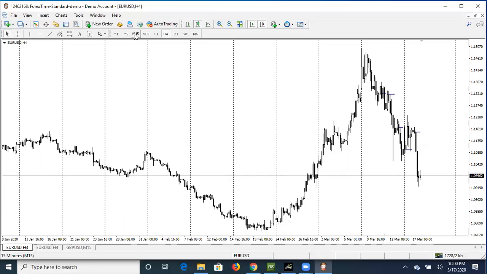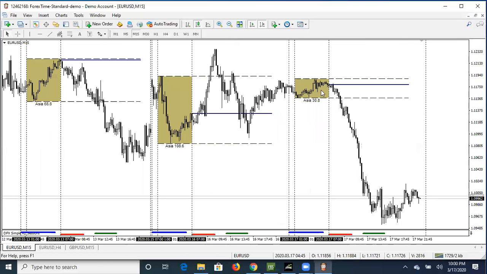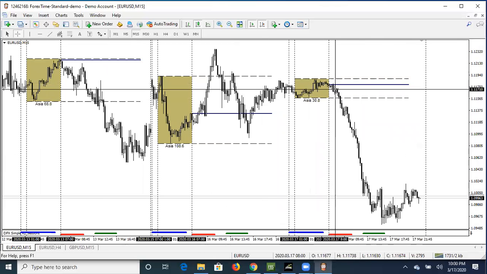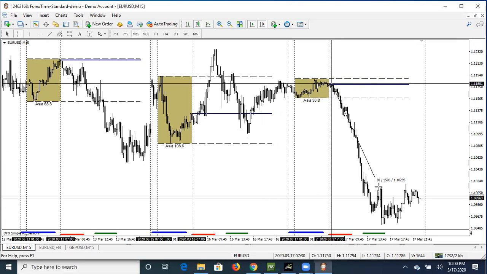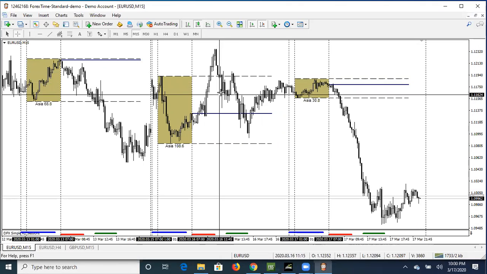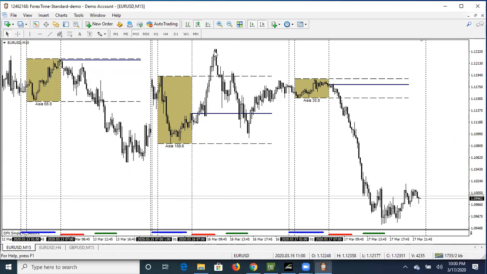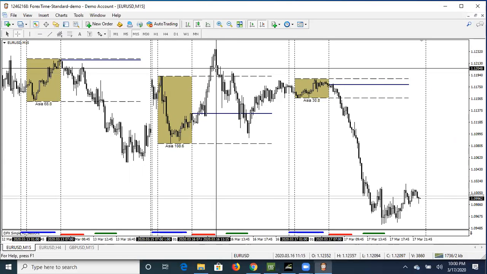So on 15 minutes time frame, notice today, you could have been in this sell from the very beginning of London, and it was maintained all through the session, right? The sell-off here, you could have caught this sell from New York, right? Leave out this. This happened in between London Q zone and New York Q zone.